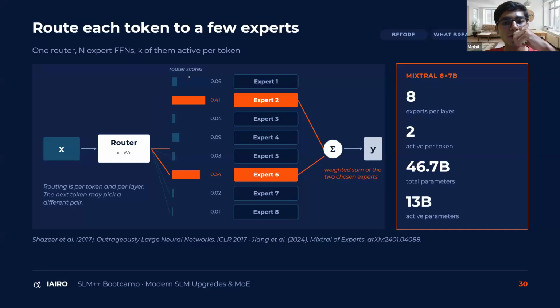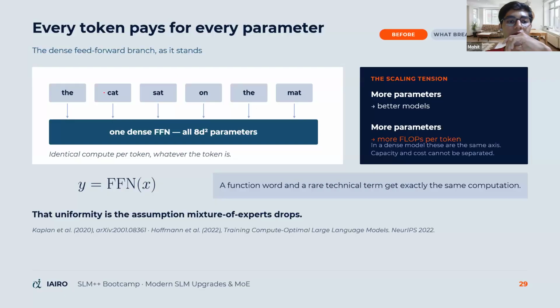So we would route cat into some FFN, sat into some FFN, on into some FFN, because there's a reason behind doing that. If we look at on, the, and cat, sat, mat, we clearly see two different abstractions of the words.